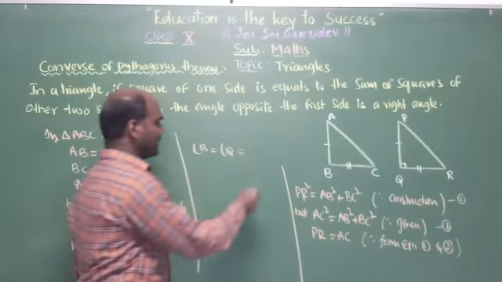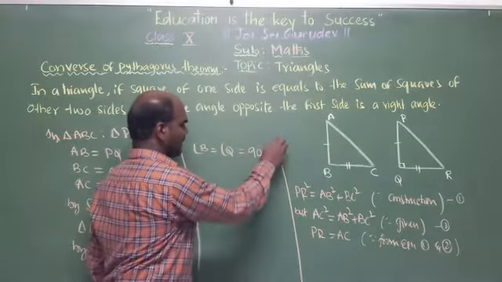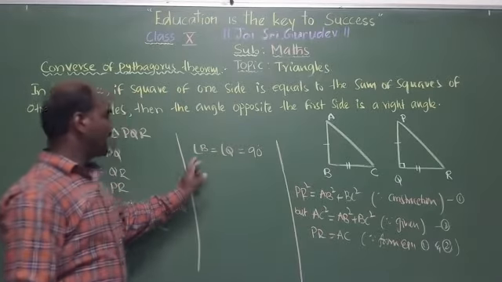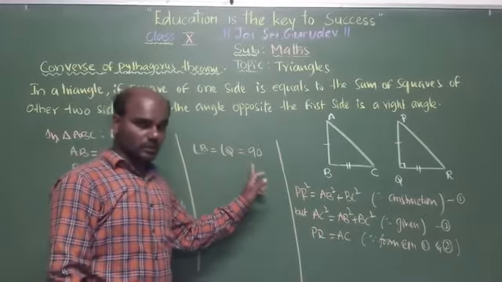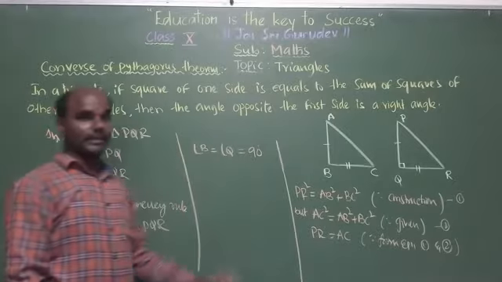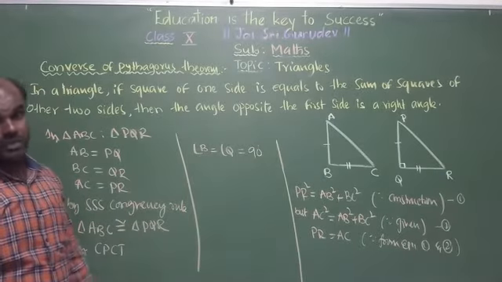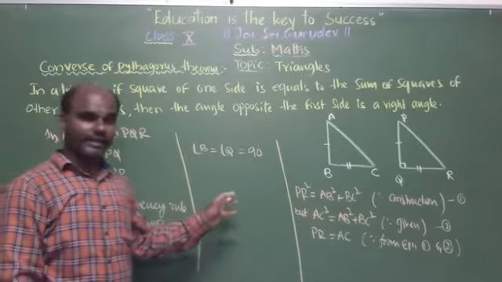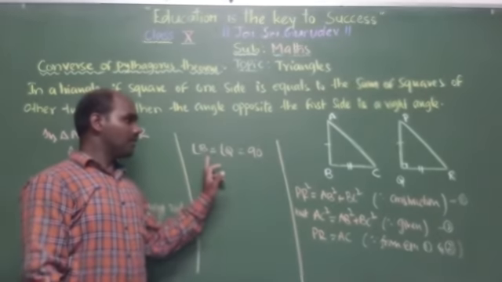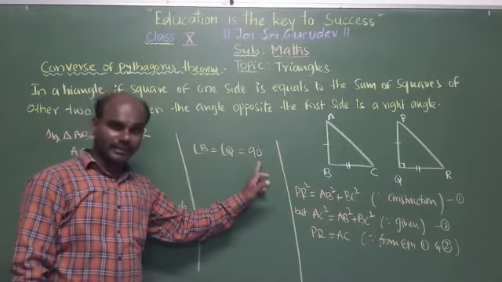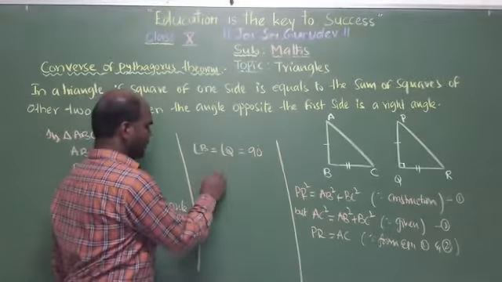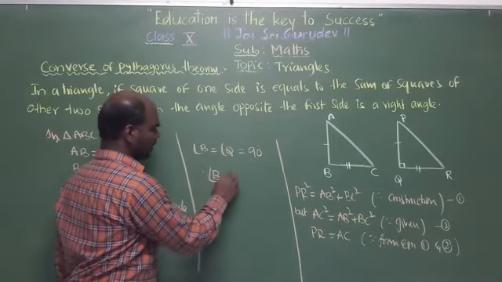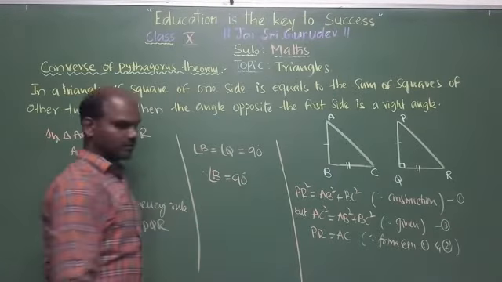That is 90 degrees. So angle B is equal to angle Q, which is equal to 90 degrees. What was required to prove, children? Angle B is equal to 90 degrees. So therefore angle B is equal to 90 degrees.